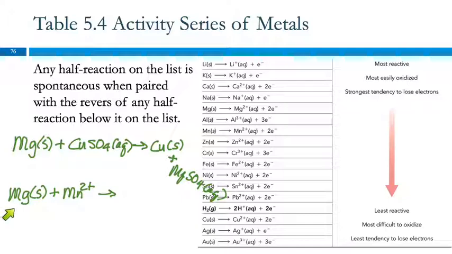And he's not charged because he doesn't have a girl. He's by himself, he's zero. So they come to the party, and who gets to leave with the girl? Whoever's higher on the list. Here's magnesium, and here's manganese. Magnesium gets the girl. So this reaction will happen. We'll end up with magnesium ion, and poor manganese goes home by himself.